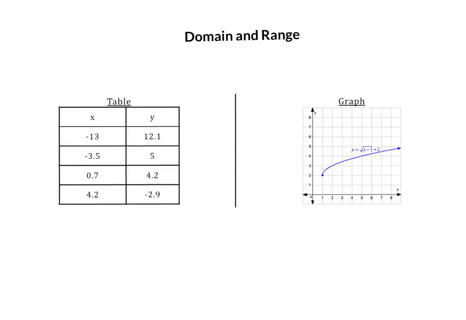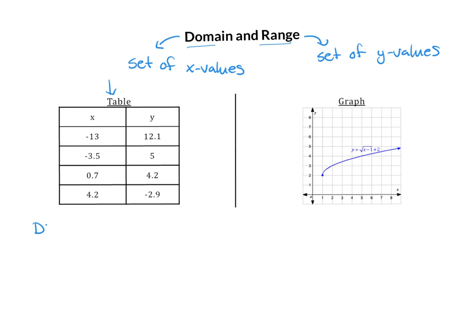So now actually getting a little refresher on domain versus range. Domain is simply the set of x values, where range is the set of y values. So back in probably pre-algebra, when you were first hearing the words domain and range, you maybe had a table where you just had to say, well, the domain is all of the x values, and you just list the x values: negative 13, negative 3.5, 0.7, and 4.2.